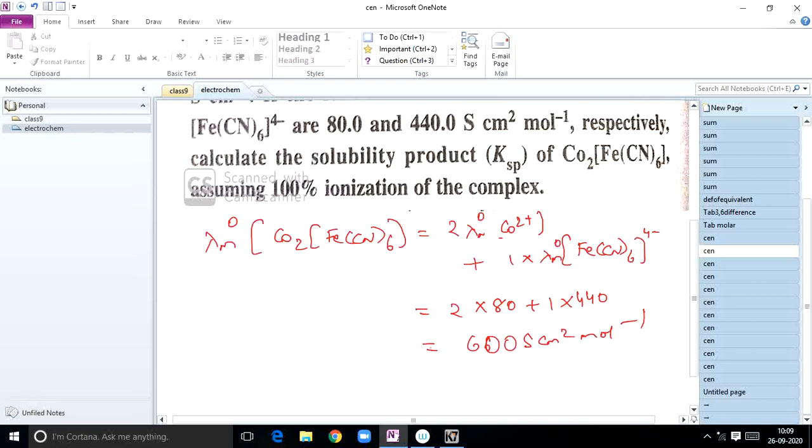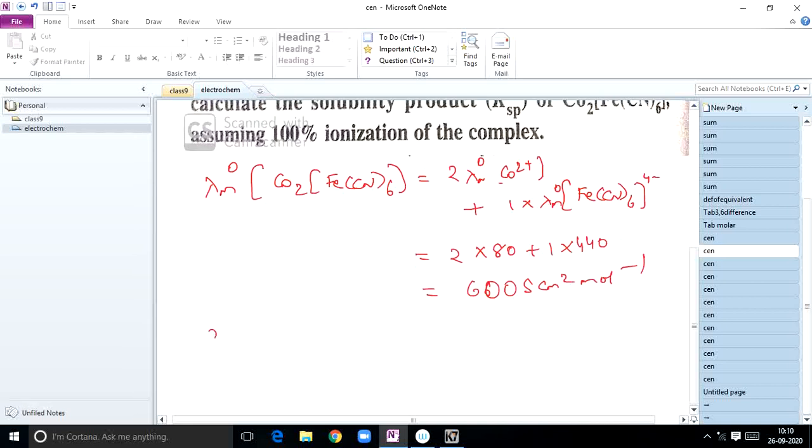The conductivity of water used to prepare the solution is also given. Here we have to calculate the conductivity of the complex. Kappa of the complex is equal to kappa of the solution minus kappa of water.